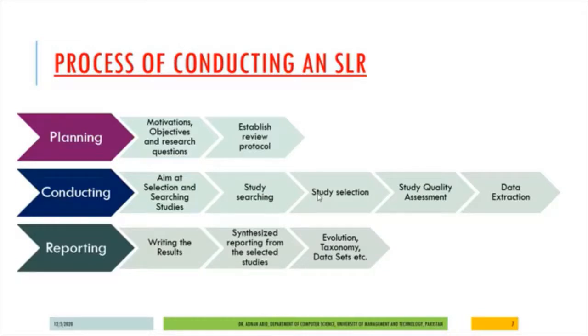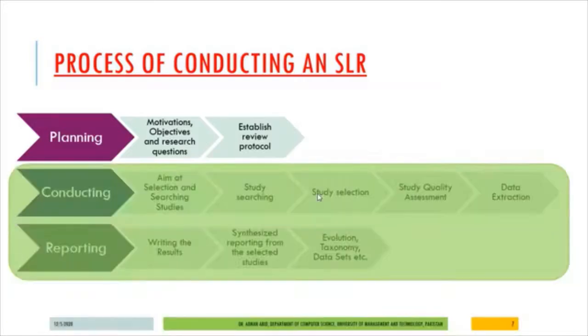By compiling so many different aspects of research or problems being studied in a given area, we tend to find a taxonomy, or a hierarchical setting of types and subtypes of research being conducted in a given area, and we report them in a very appropriate manner so that the researchers reading that systematic literature review should be able to grasp the overall distribution of research and the domain and subdomain concepts which are being worked on in a given area.